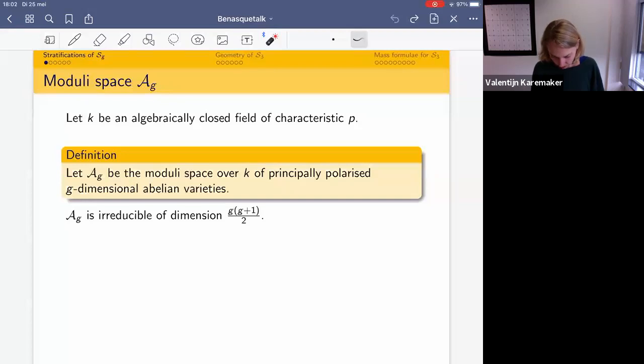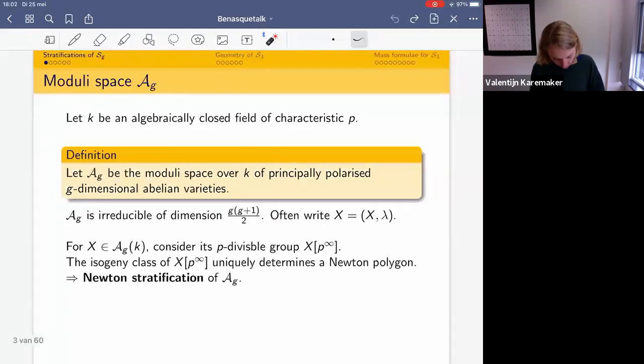So here's one. Start with an element X in the moduli space. Often as a notational shorthand, I'll forget about the polarization, but it is there. For such an X, we can consider its p-divisible group, and we can consider it up to isogeny. An isogeny is a surjective map with a finite kernel, so it's somehow not too far from being an isomorphism.